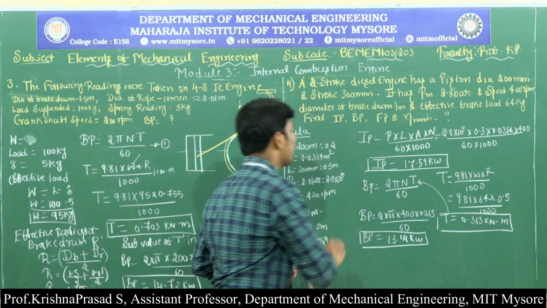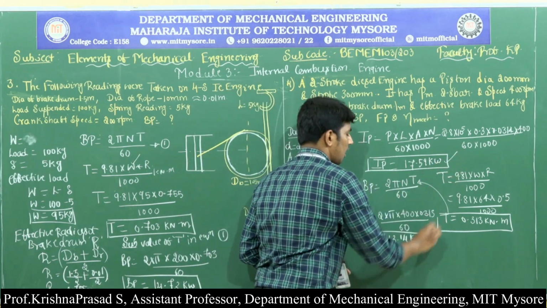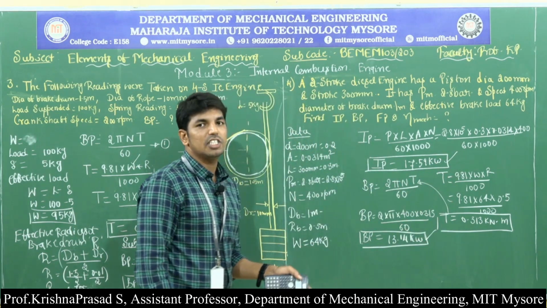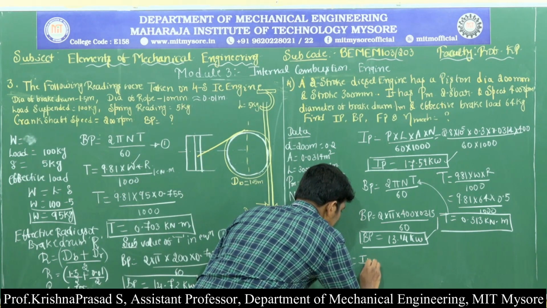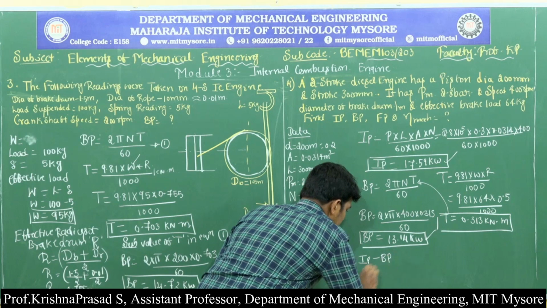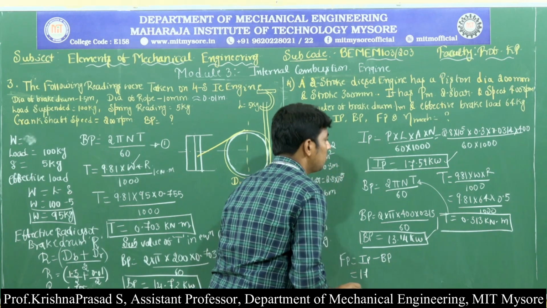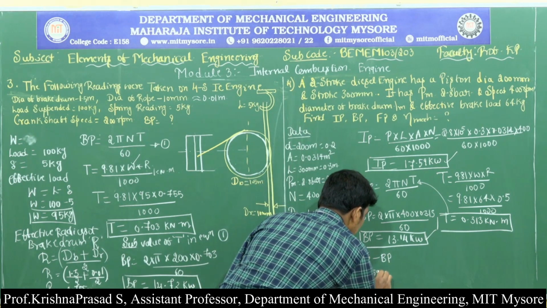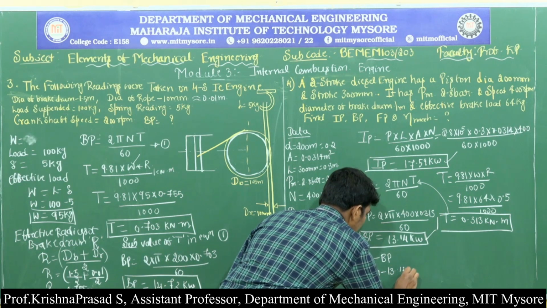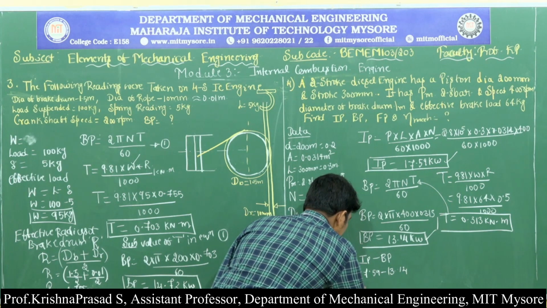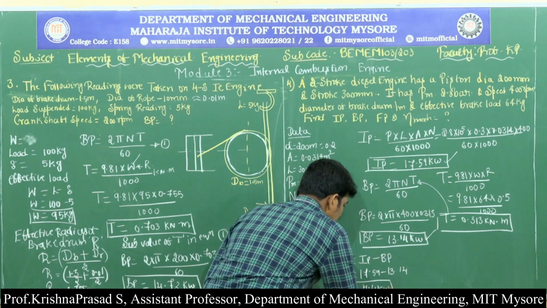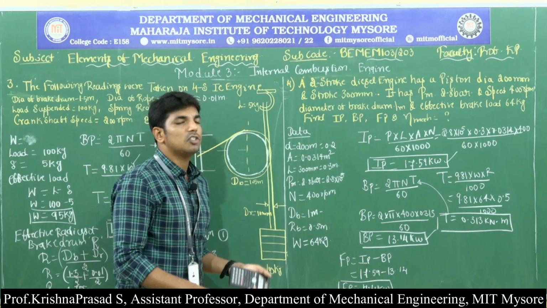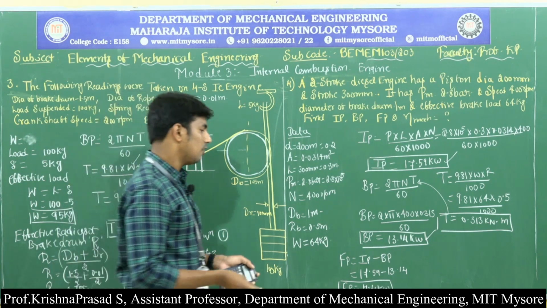Now we have calculated the value of IP and BP. Next it is very easy to calculate the value of FP. FP is nothing but the difference between IP and BP, that is 17.59 minus 13.14, which gives FP equals 4.4 kilowatt. Last, we need to calculate the mechanical efficiency.